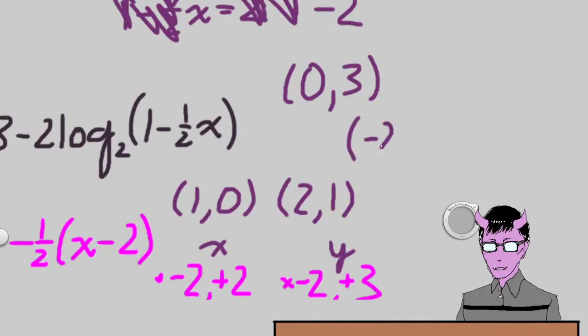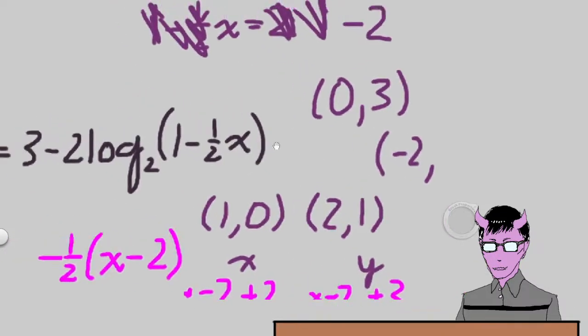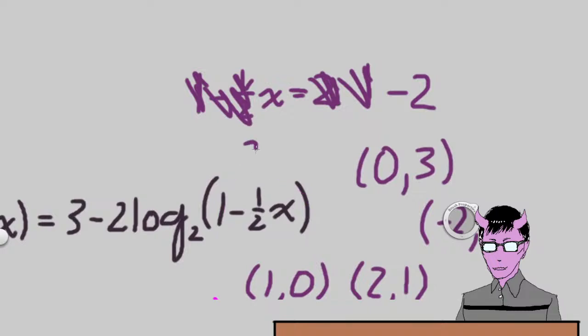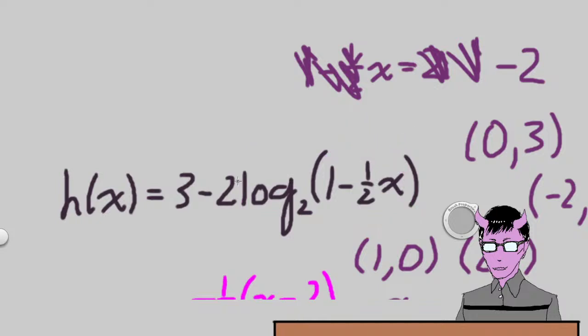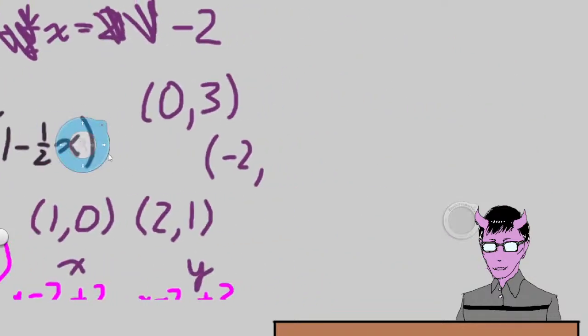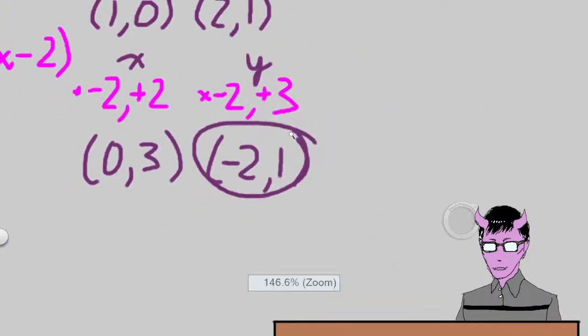So x is going to be negative 2. So if we force the input as a whole to be 2, then this whole thing right here becomes 1, and then 1 times negative 2 is negative 2, plus 3 is positive 1. Does it match up? Yes, it does, and we're good to go.